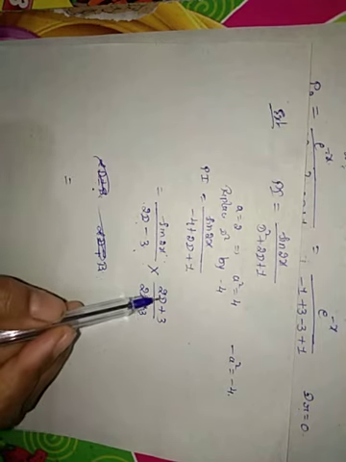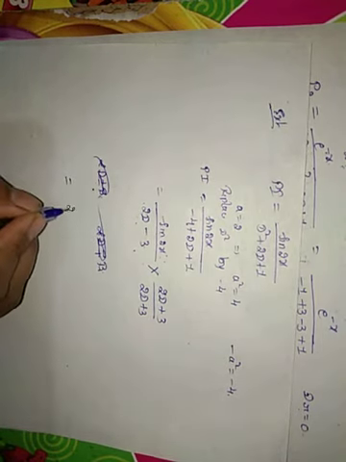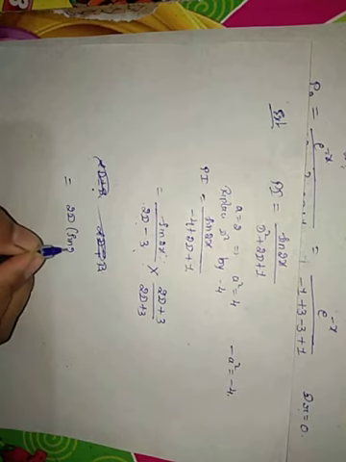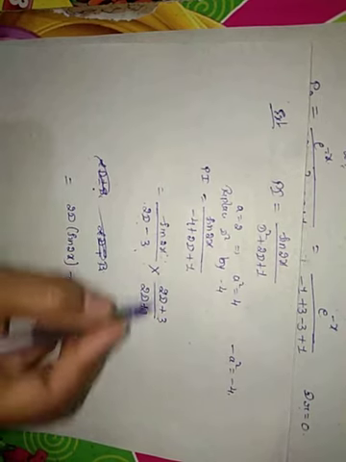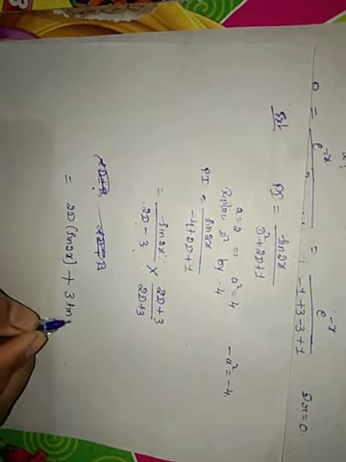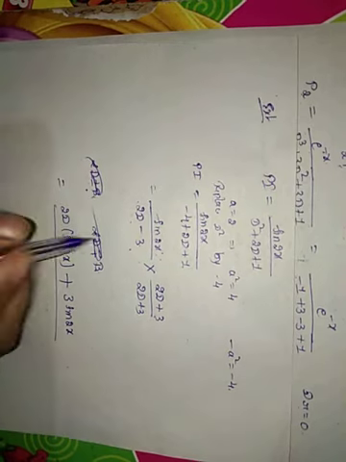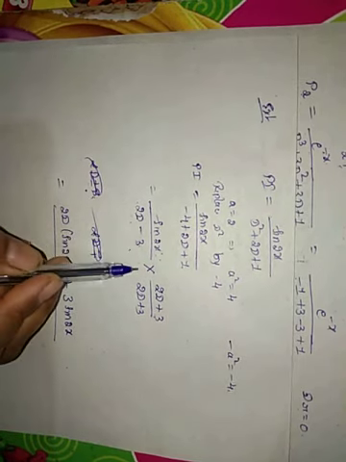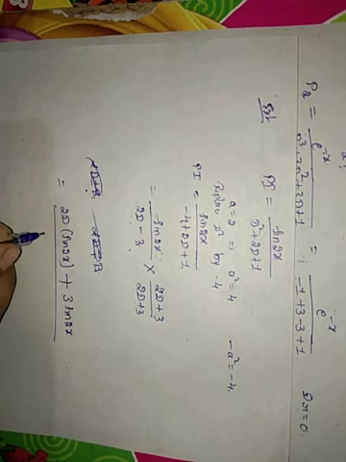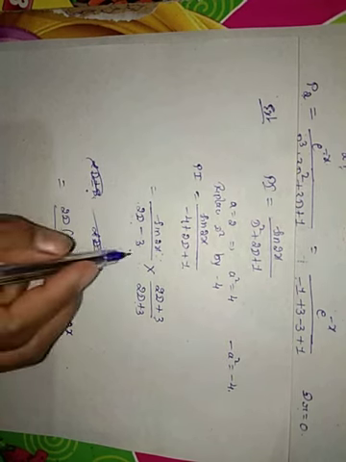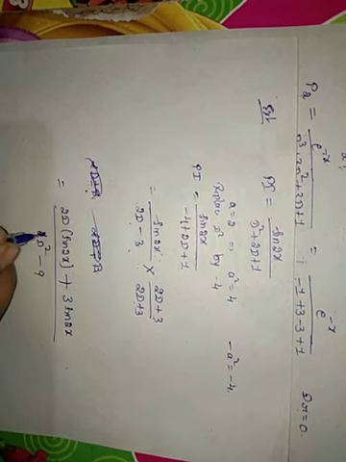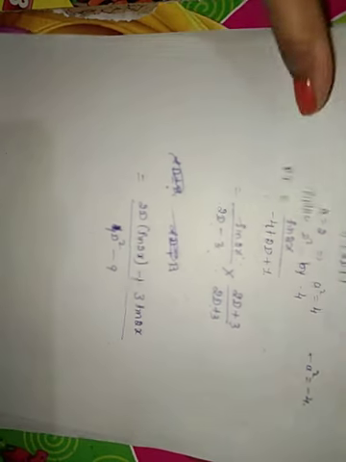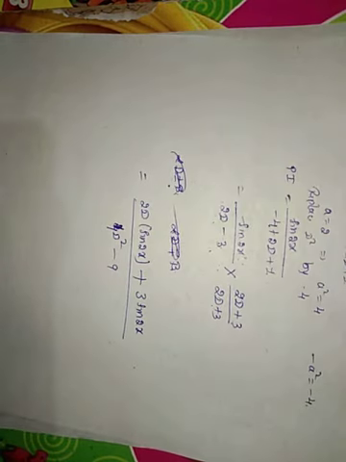Next procedure is 2D into sin 2x plus 3 into sin 2x, divided by a minus b times a plus b, that is a square minus b square. 2 square is 4 D square, minus 3 square is 9.